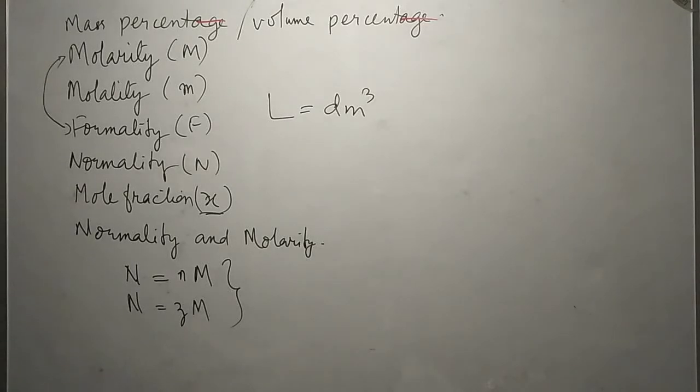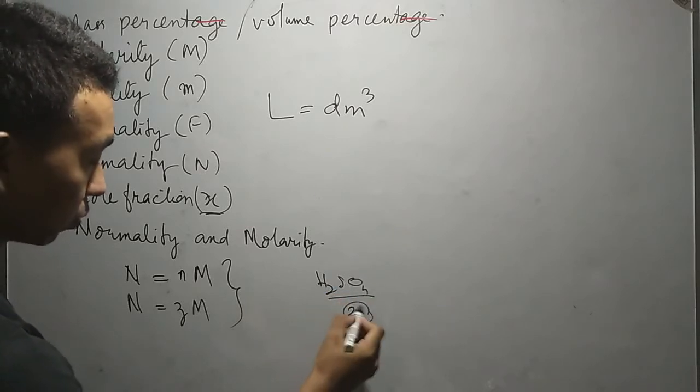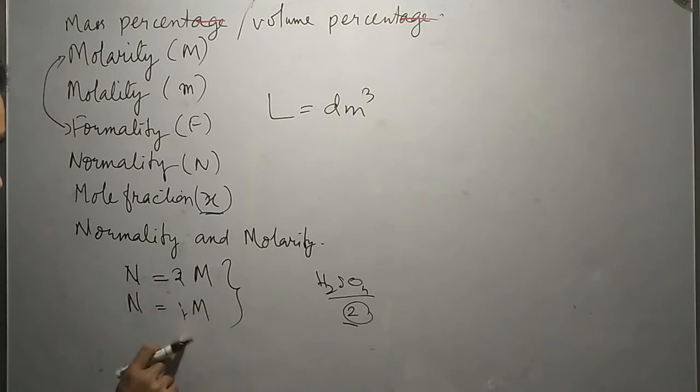Earlier for normality I gave you an example of H2SO4 where the valency happened to be 2, so we substitute that 2 here. That way we find the normality from the molarity. If the molarity is given, then we just have to find the valency and we can get the normality of that particular solute.